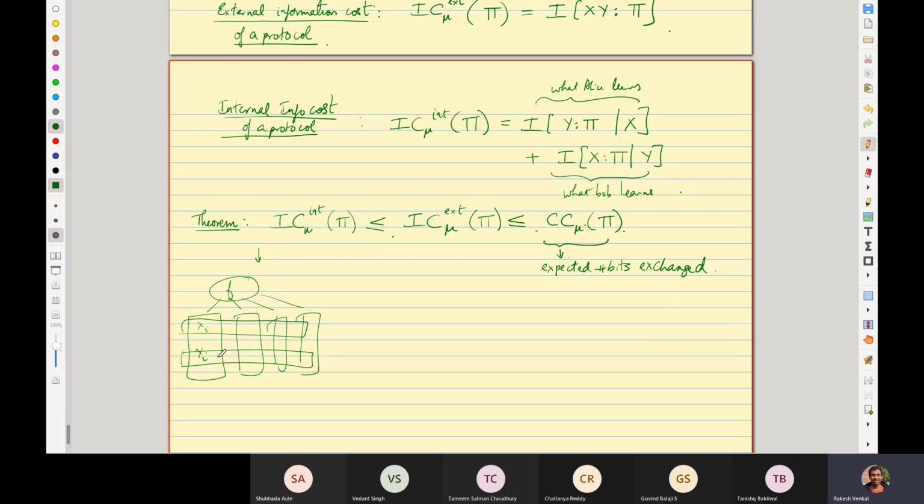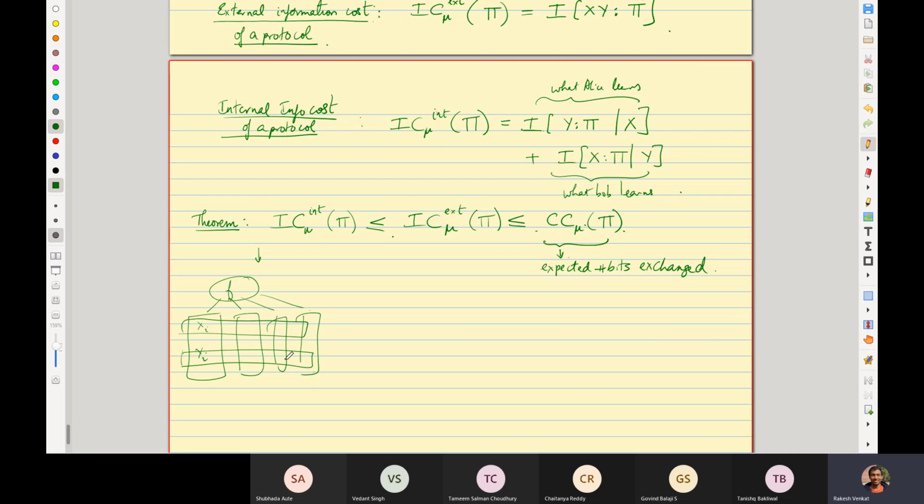So of course, we have defined this information cost, both internal and external. But you can have a protocol that is very long in terms of worst case number of bits, but has very low information cost.